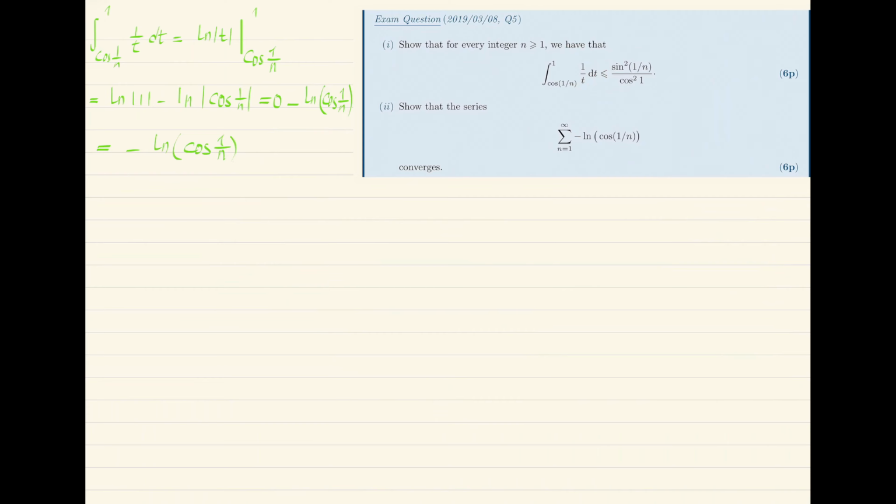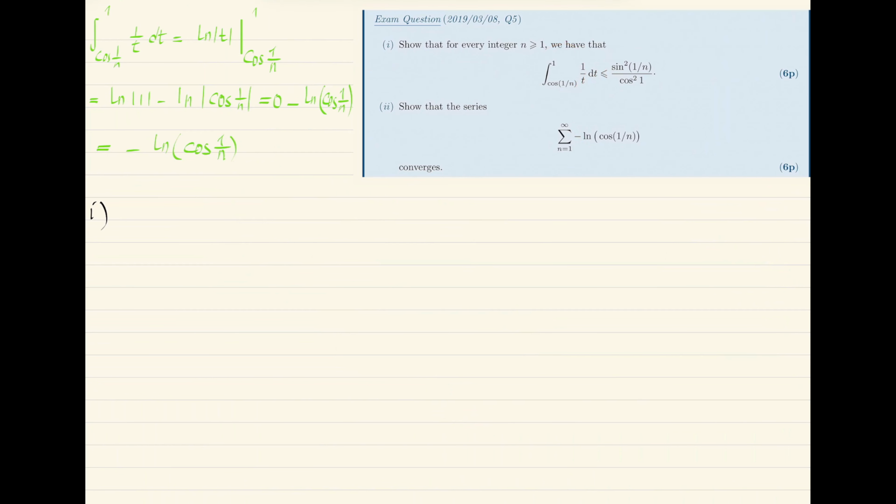So this means that I have to use the properties of definite integrals for inequalities. Okay, so what can I do? I can say that now this is the solution. So let me write part 1. I would say that in this integral, I am working on this interval from cosine of 1 over n to 1.